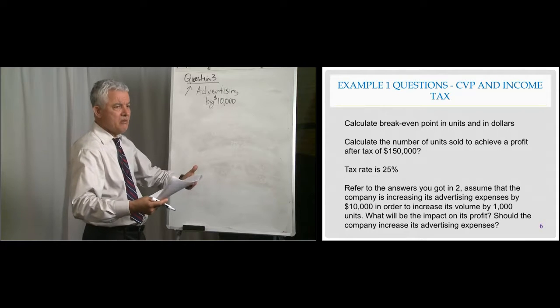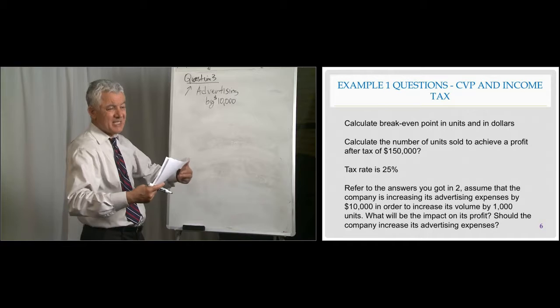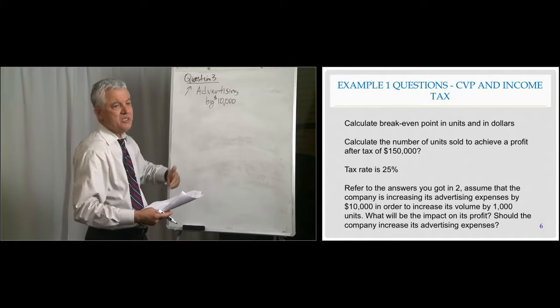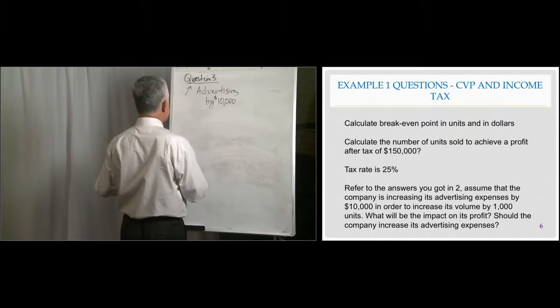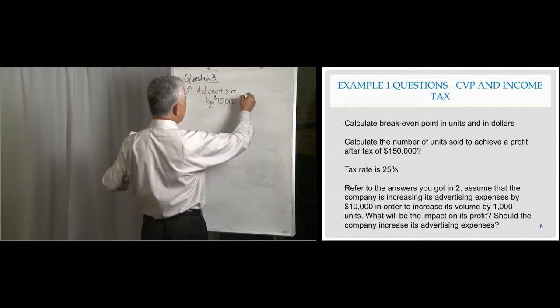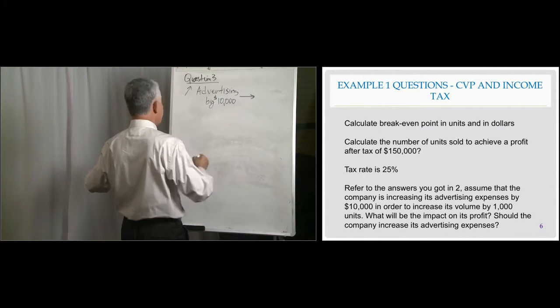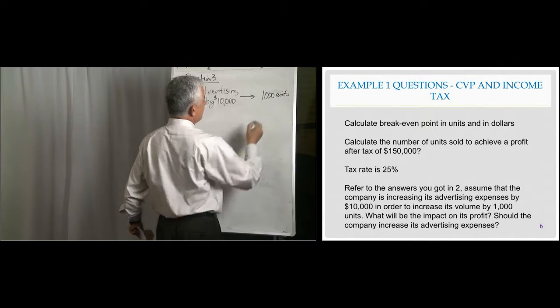These are called discretionary fixed costs. Why discretionary? Because they are left at the discretion of managers. They will budget for these expenses every year. So $10,000, and then that will increase our units sold by 1,000 units.